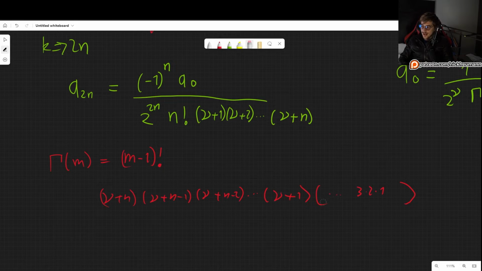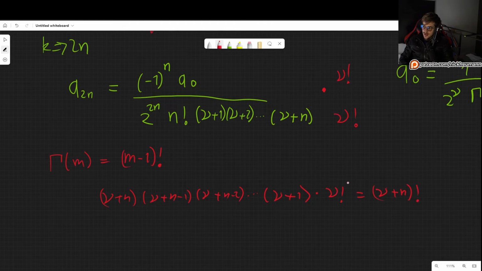So what I like to do here is multiply and divide by nu factorial, divided by nu factorial. Because that way, we now have all this thing times nu factorial, which, when we multiply all of this, gives nu plus n factorial.